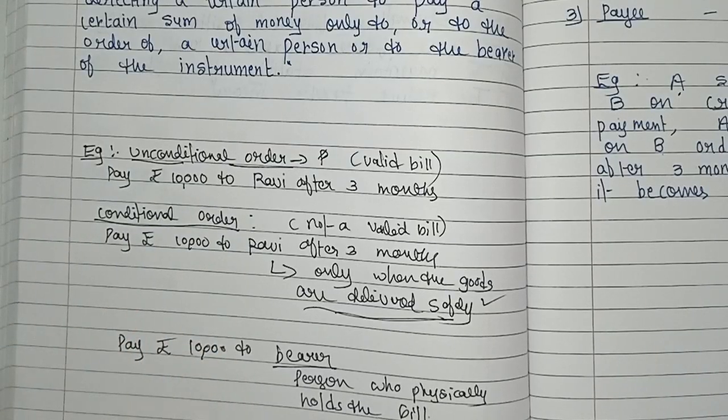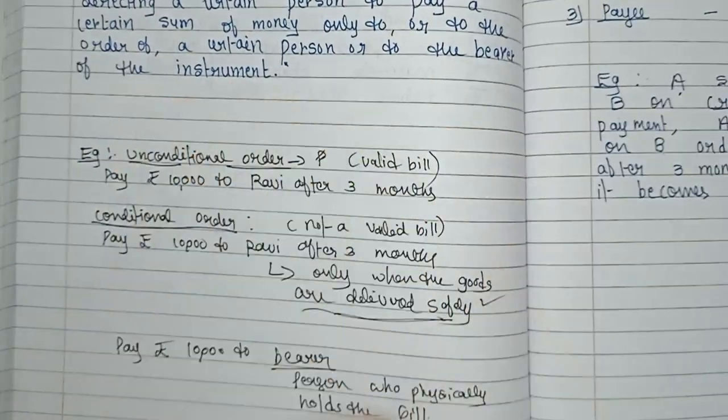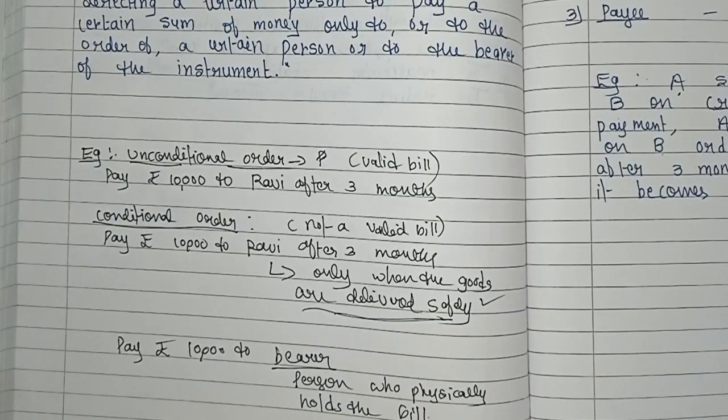That is the job of the drawee, only in the case of a bearer instrument. Otherwise, only the named payee will receive the payment.